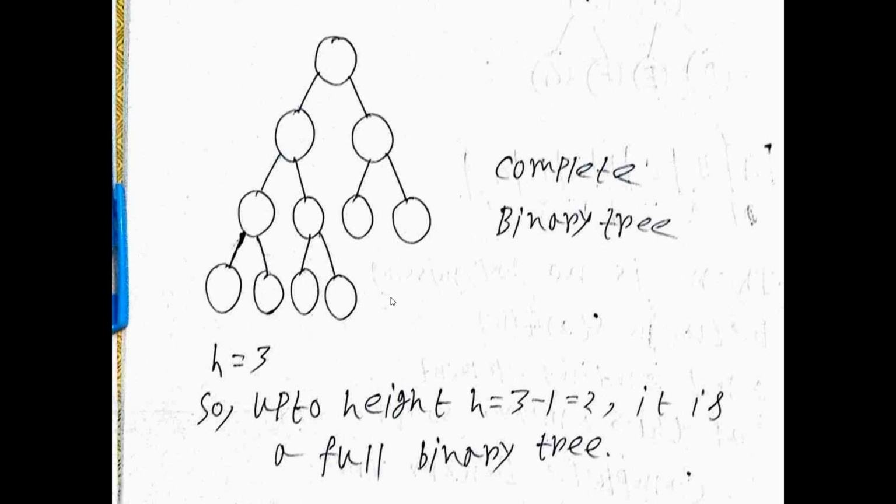After the last index element, it is empty. No problem. It is a complete binary tree. It is not a full binary tree, but up to height 2 it is a full binary tree, because every node other than the last level has exactly 2 children.